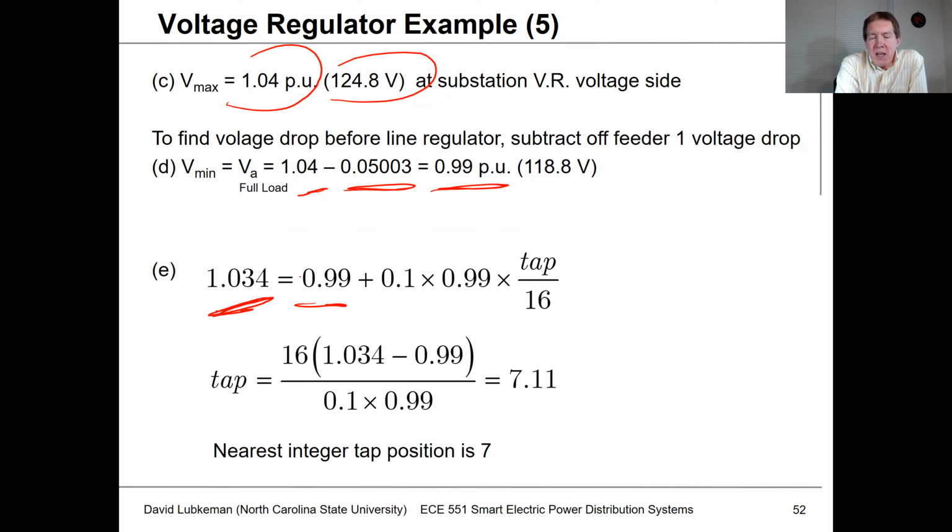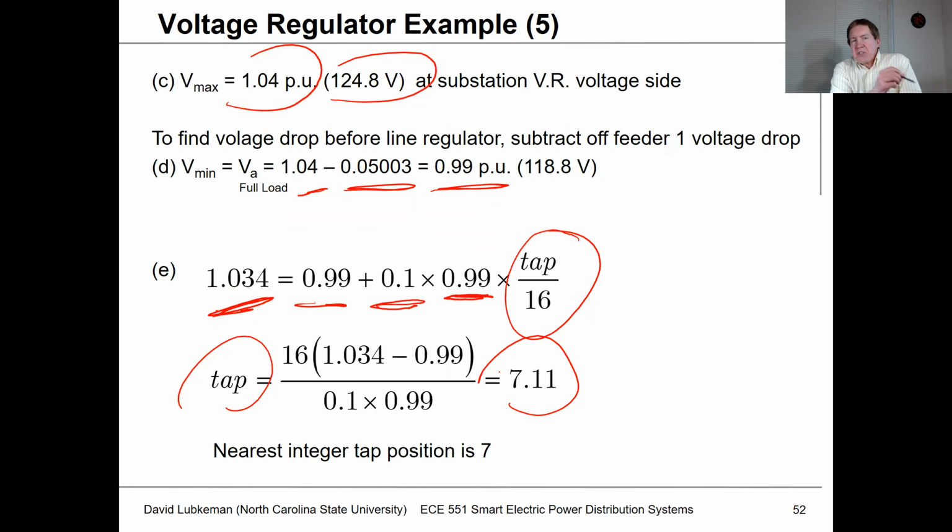The boost that I get is going to be the source voltage times 0.1, which corresponds to the 10% winding I'm using, times the tap position divided by 16. I could use this to solve for the tap position, and the tap position is going to be 7.11. Now you can't have a floating point number for the tap. It has to be an integer. So what you'd have to do in this case is round to the nearest integer tap position.